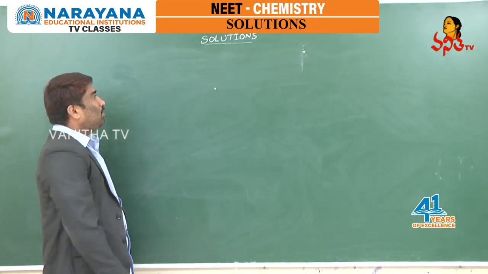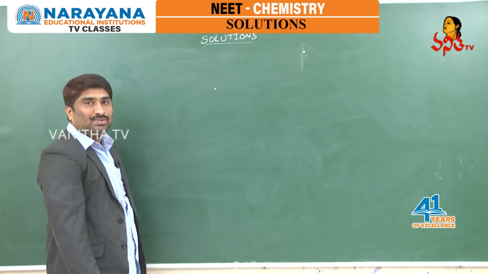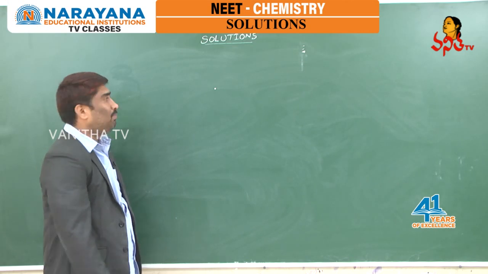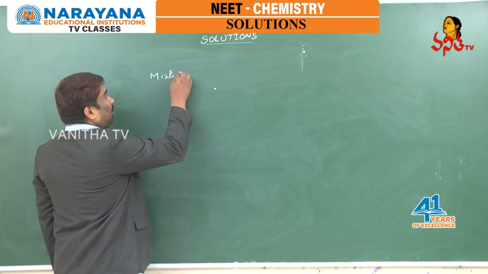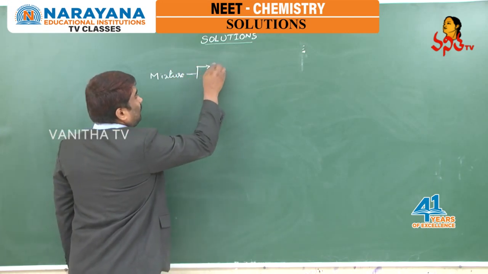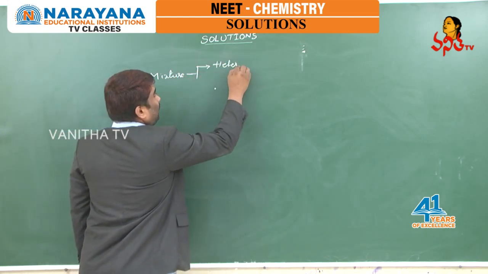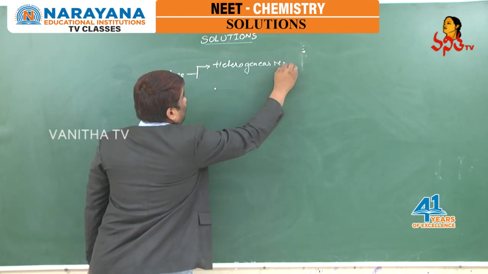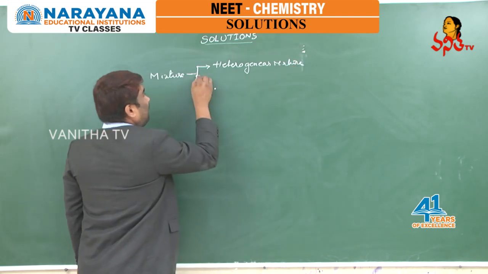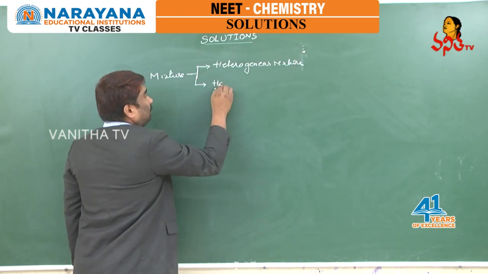When two or more chemically non-reacting substances are mixed, a mixture is formed. That mixture may be of two types: heterogeneous mixture and homogeneous mixture.